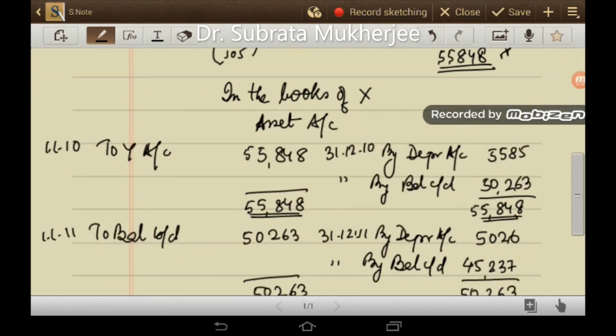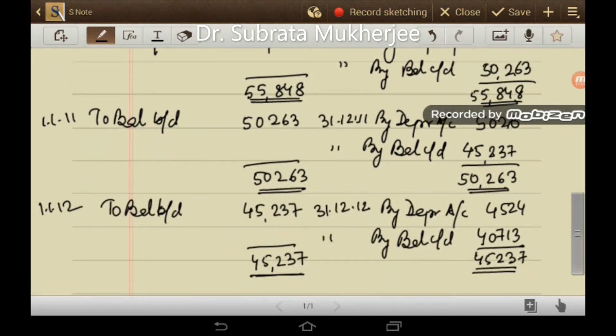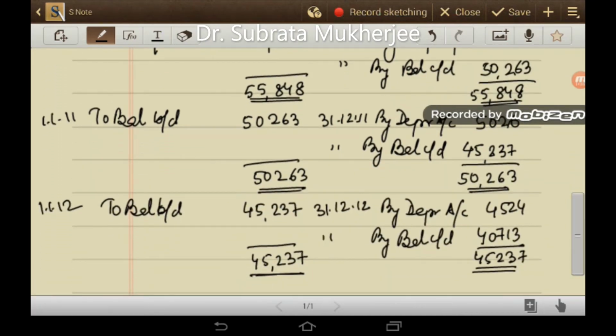So I have prepared in the books of X the asset account. On 1st January 2010, asset account debit to Y 55,848. On 31st December, depreciation has been charged at the rate of 10%, 5,585. By balance CD 50,263. This balance will be carried forward on 1st January 2011 to balance BD 50,263.